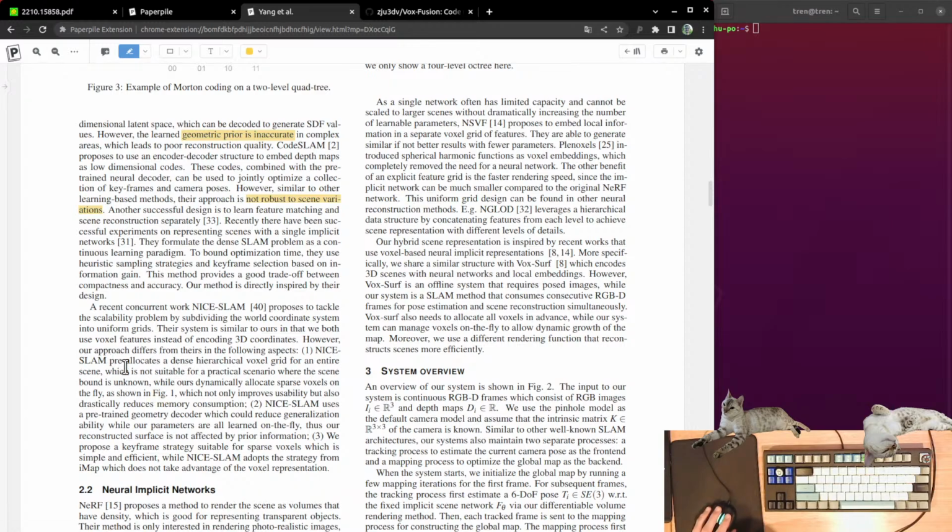Yeah, so right, even though octrees are an efficient way to break up 3D space into a bunch of little squares, I think that they say here that the dynamic allocation of voxels is important, right?